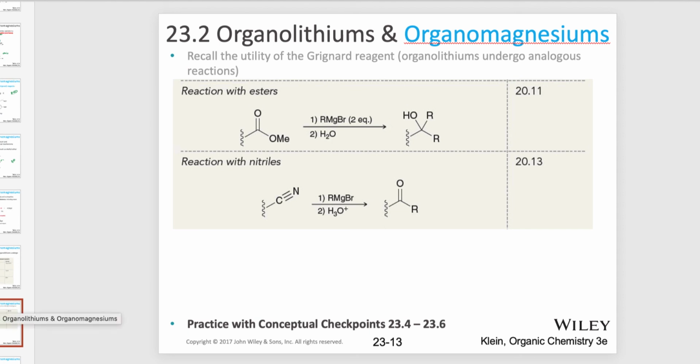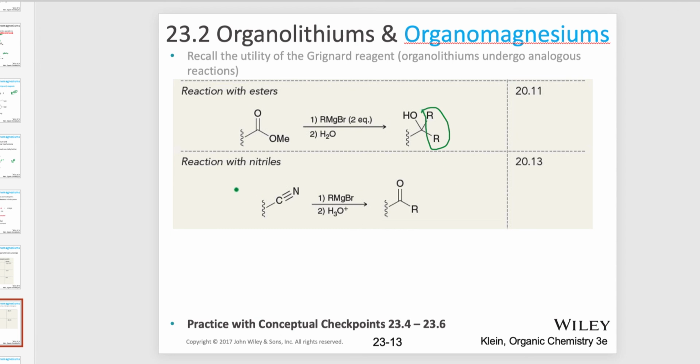We have a couple more review topics here. We have seen that Grignard reagents, so this R:⁻, can react with esters and form tertiary alcohols with the two same R groups.